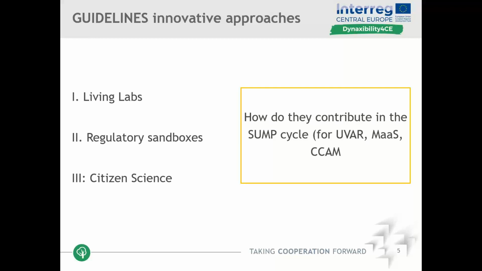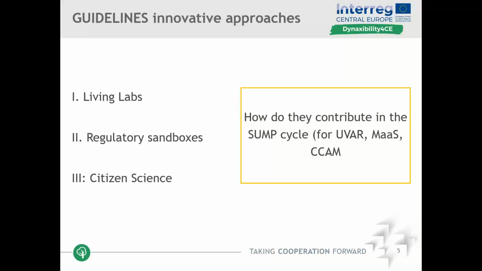So what are the findings, and what did we decide to focus on? We decided to focus on three ranges of instruments or experiences. The first one is the living labs and the co-design processes. The second one is the implementation and use of regulatory sandboxes, usually at a national level.